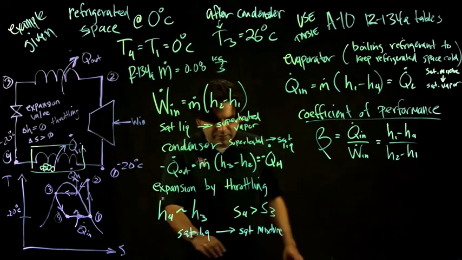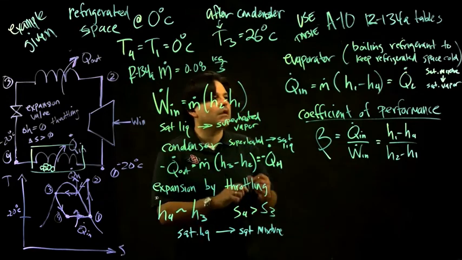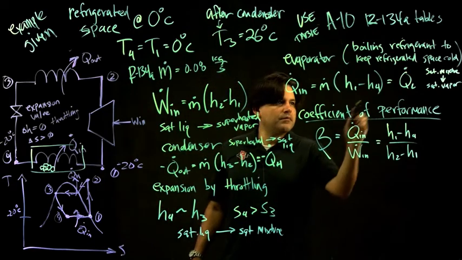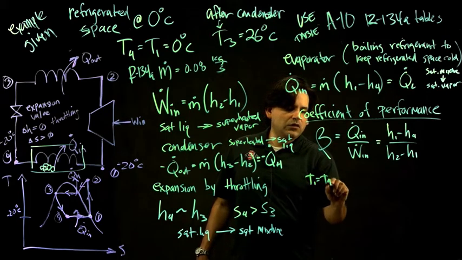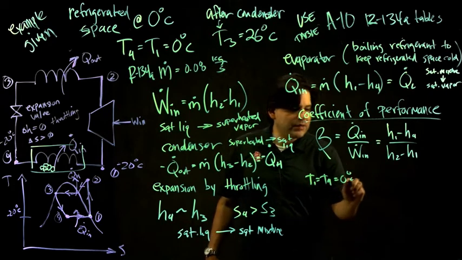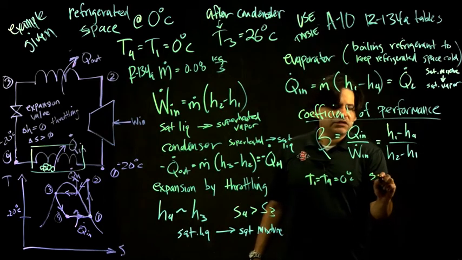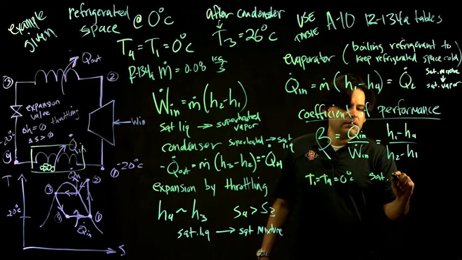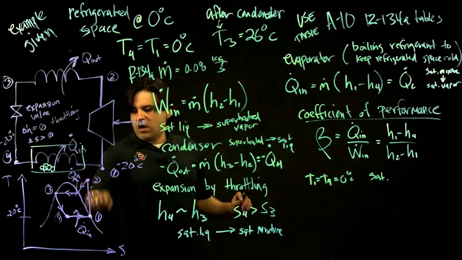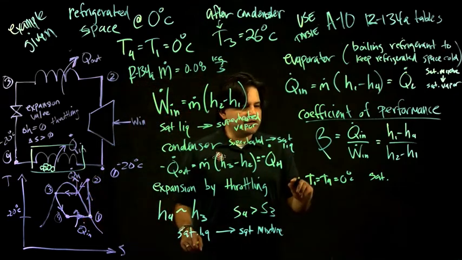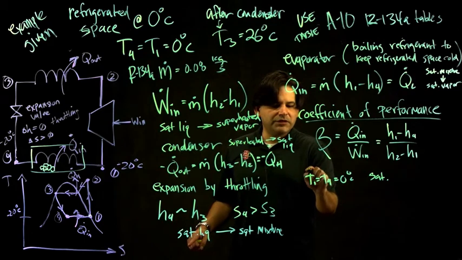Well, let's start with the evaporator. At the evaporator, we know that T1 equals T4 equals 0 degrees Celsius, and that T1 is a saturated mixture, T4 is a saturated mixture.